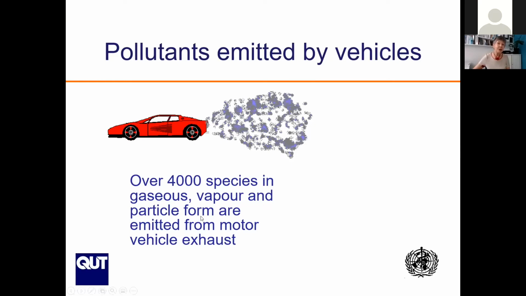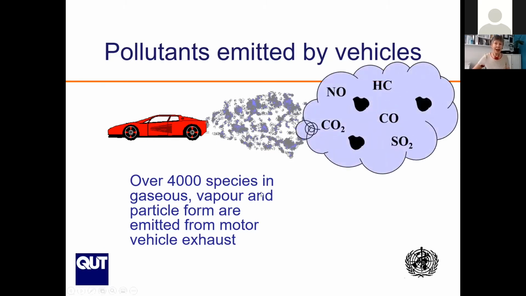Well, it's over 4,000 pollutants as gases, vapors, and particles, which are emitted from vehicle exhaust. And not only from vehicle exhaust, basically from any combustion sources, anything which burns emits this many pollutants. The composition of different smokes of emissions is different, but it means that there are many, many pollutants.